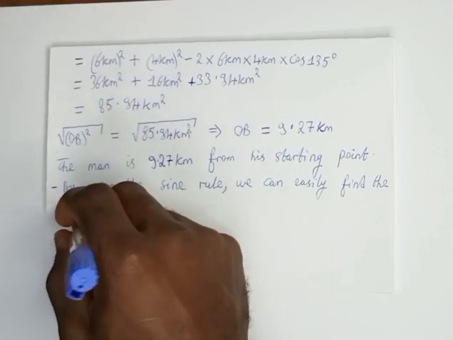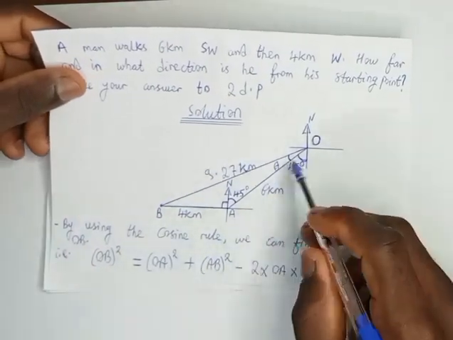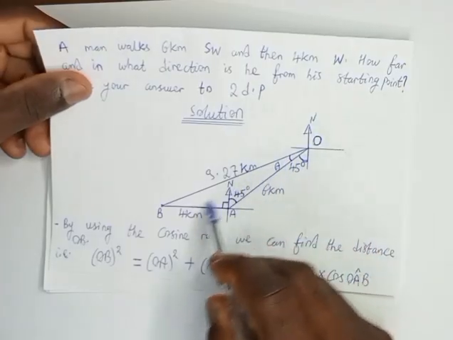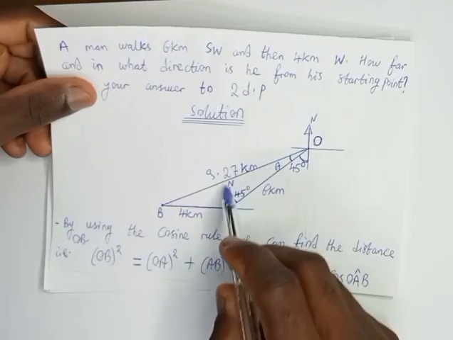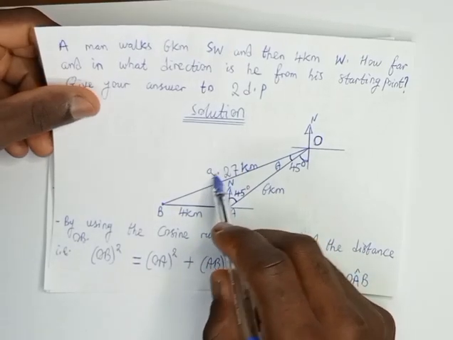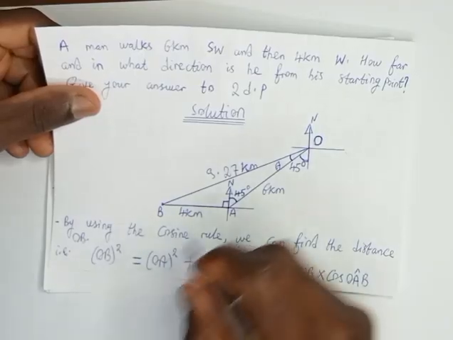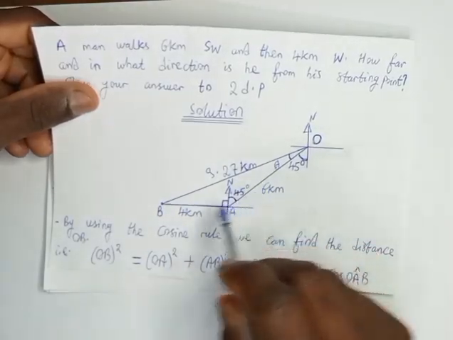Now let's make use of the sine rule. That is, we need this angle theta. You see that we know this side. This other angle, we know it. Then we know this side, which is 9.27 kilometers.